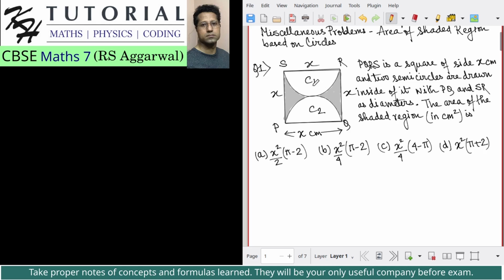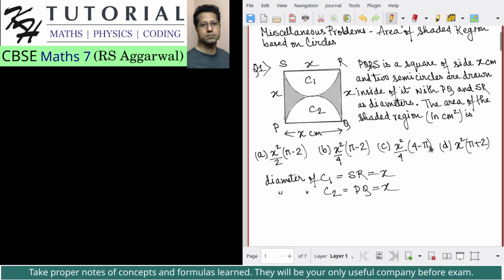Now as you can see, the diameter of C1, we can see from the figure, will be SR, which is equal to x, and the diameter of the semicircle C2 will be PQ, which is also equal to x, as PQRS is a square having each side equal to x centimeter. Okay, now we have to find the area of the shaded region.